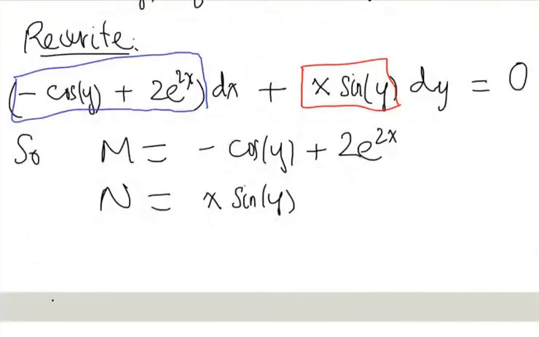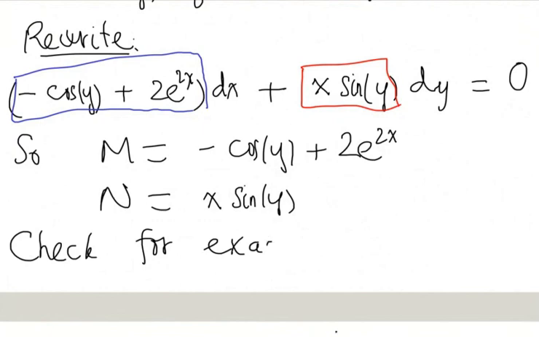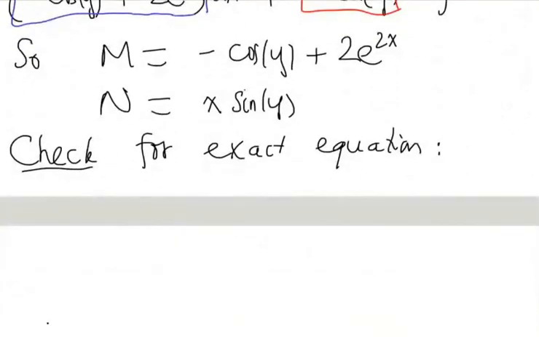Now let's check whether the equation is exact or not. Check for exact equation. So we compute partial m partial y, the derivative of this with respect to y. So x is a constant.